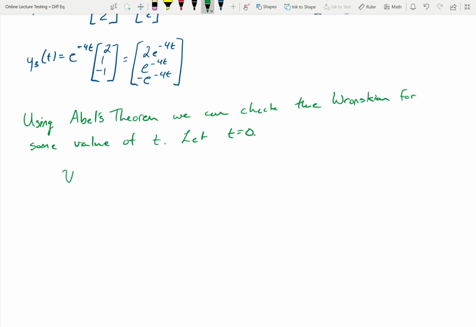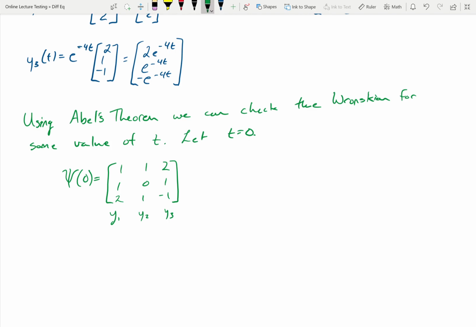So psi here, when evaluated at 0, is going to give us 1, 1, 2, 1, 0, 1, 2, 1, negative 1. Again, these are coming from y1, y2, and y3. So let me put that. That's where those guys are coming from.